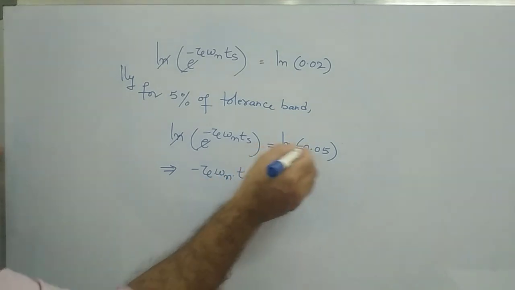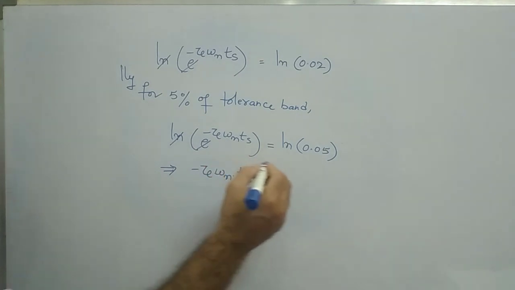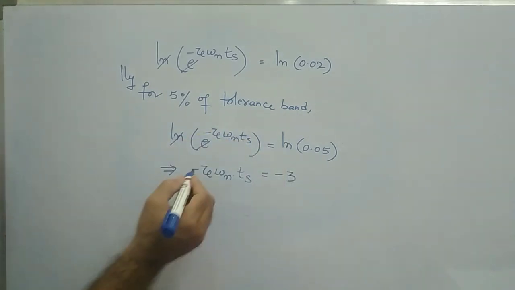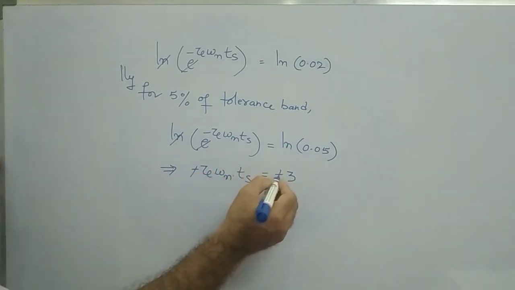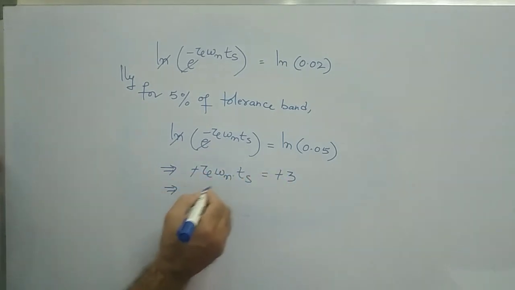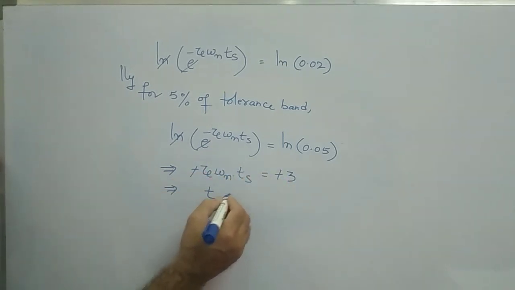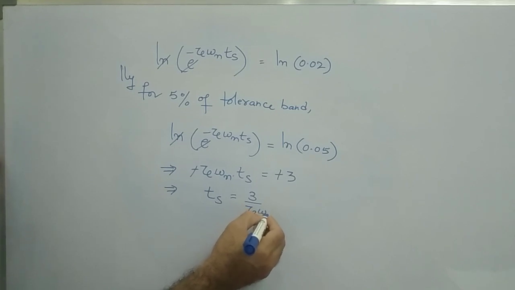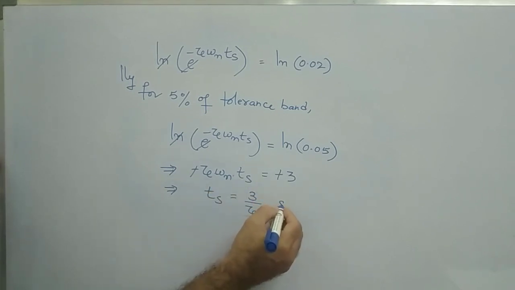If you calculate this, it comes to minus 3. Therefore, these both will be cancelled out. Then from this, ts is equal to 3 by zeta times omega n seconds.